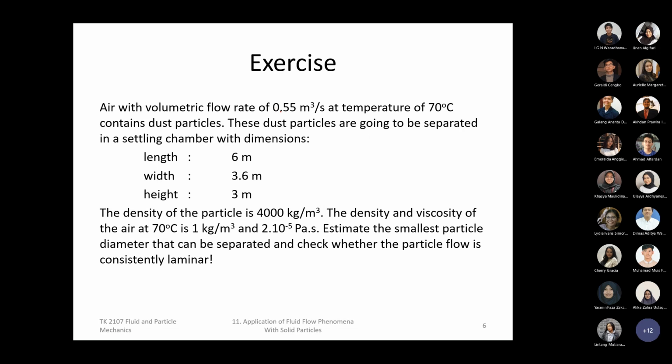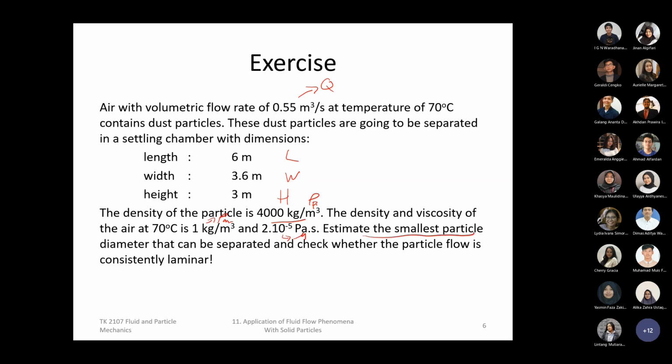Let's imagine that's our Q, volumetric flow rate, cubic meter per second. That's my temperature, that's the dust particle. That's my length, that's my width, that's my height. That's the density of the particle. That's the density of the air. That's the mu.